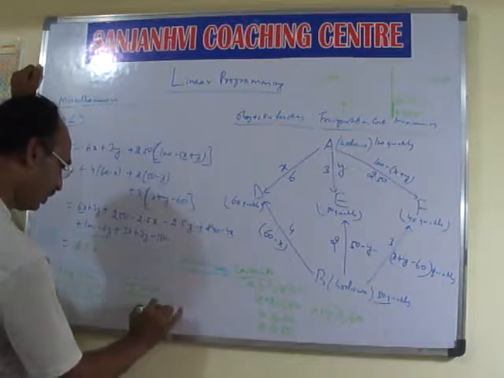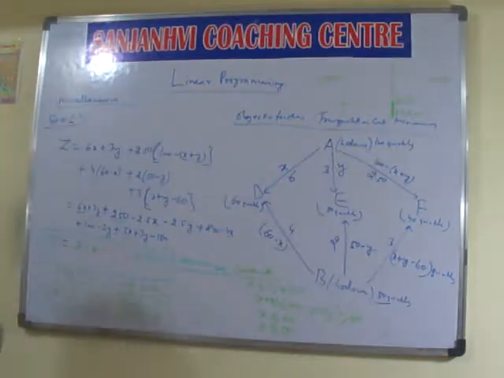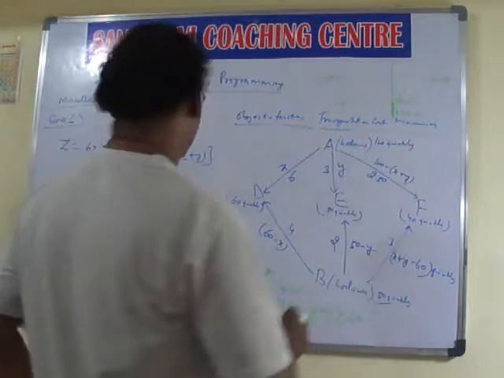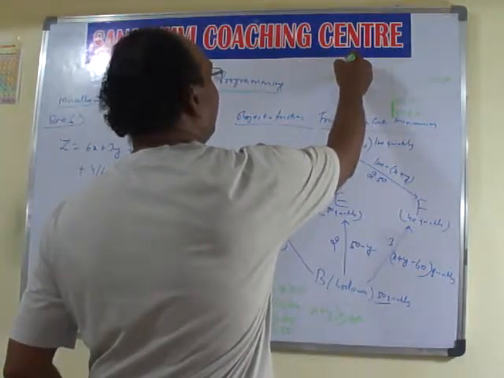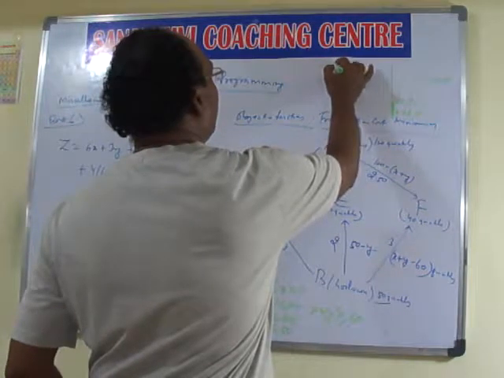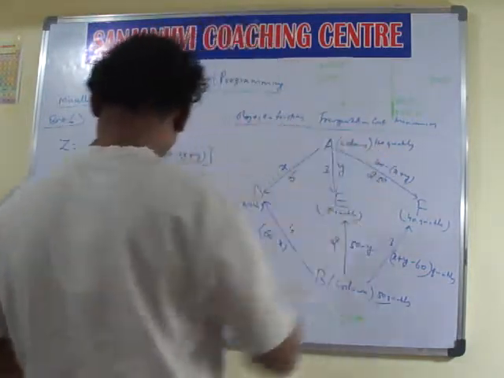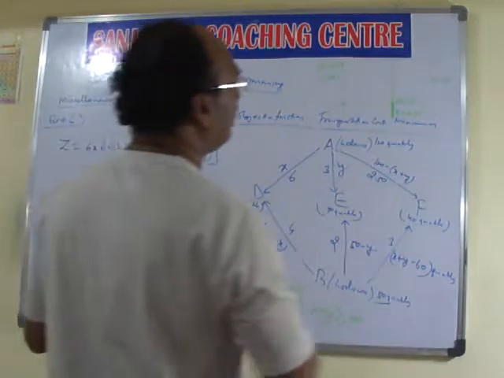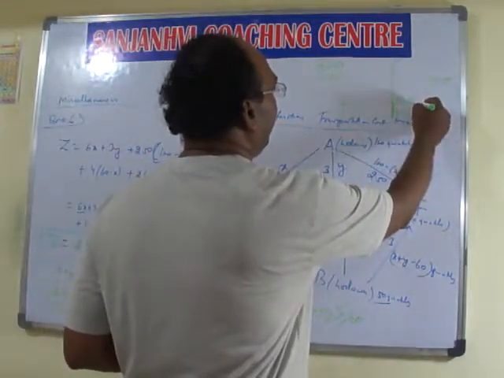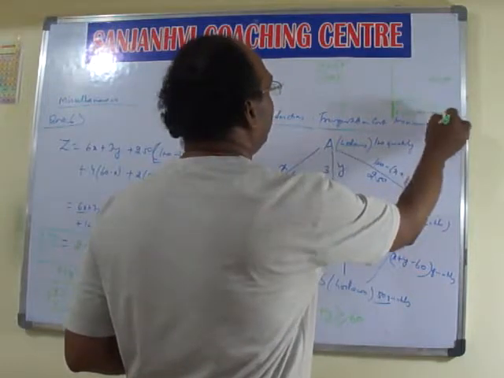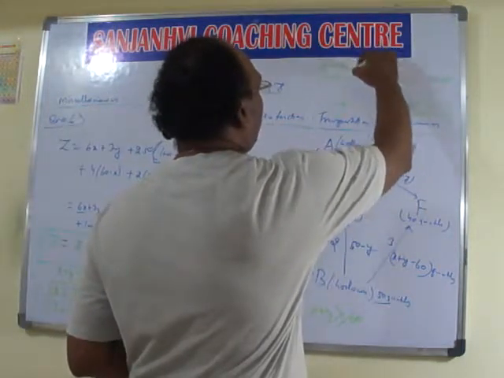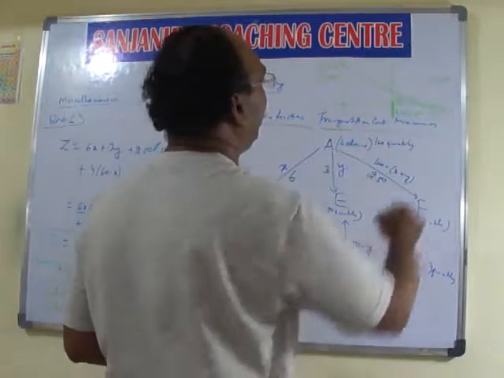So 0, 100 and 100, 0 are somewhere here.